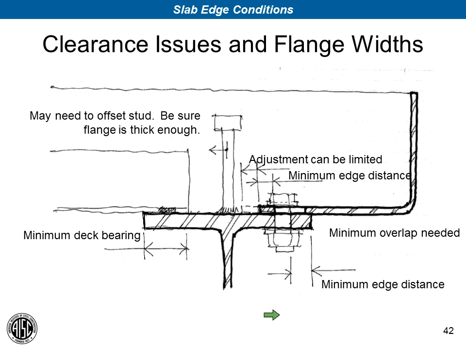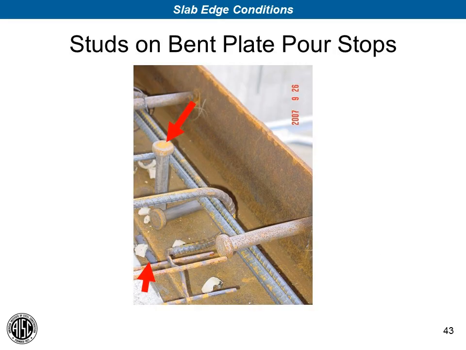And as an example of what can go wrong with this type of detail, I'll show you one from one of my own projects. This is a case where the bent plate was shipped with an erection bolt and was to be adjusted in the field. And in this case, the erector, for reasons that escape me, welded the shear stud connector here to the horizontal leg of the bent plate rather than to the top flange of the beam.